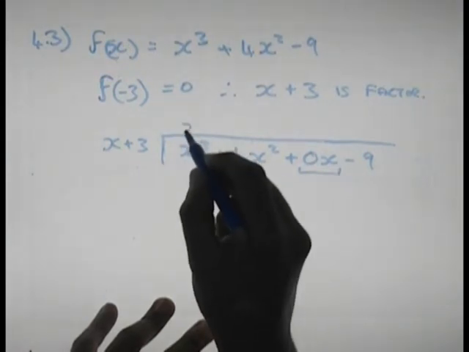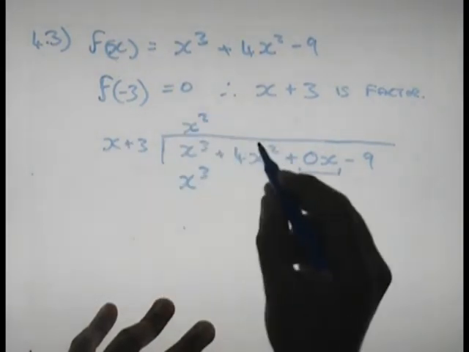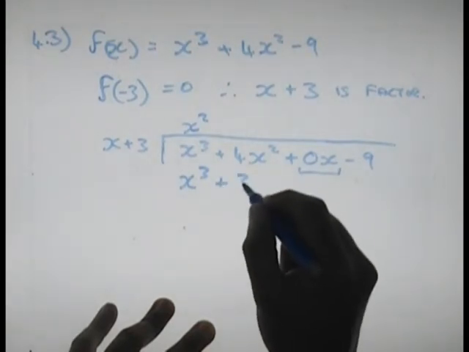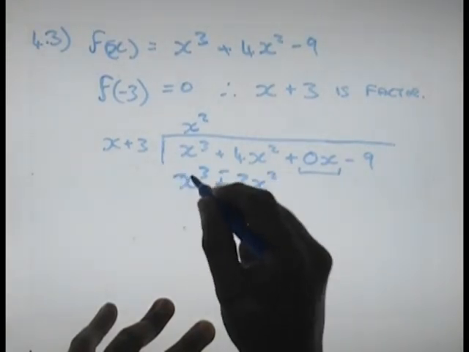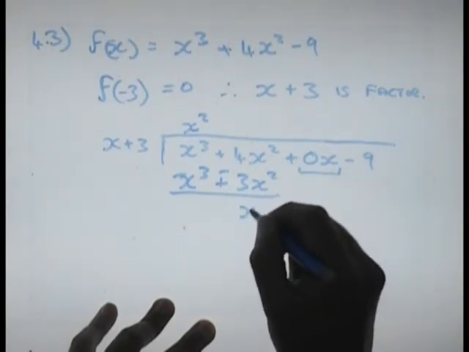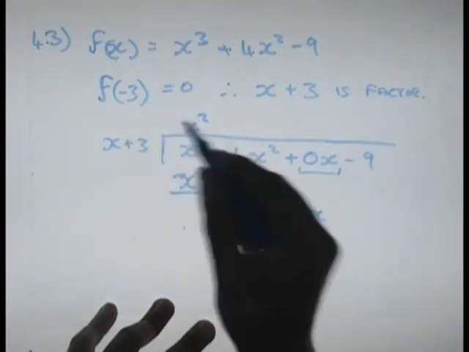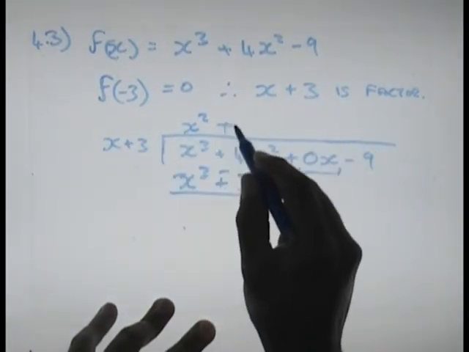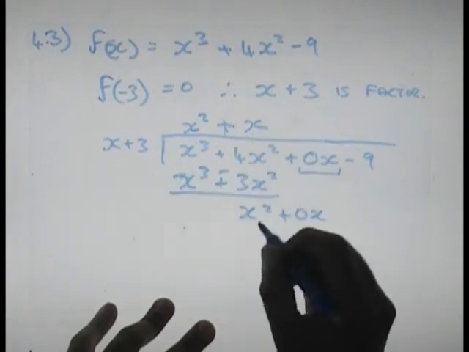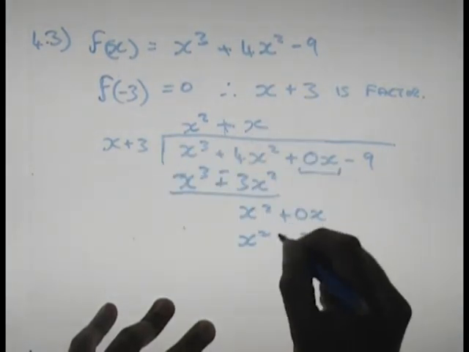x into x cubed goes x squared, times x is x cubed, x squared times positive 3 is positive 3x squared. Change the signs. 4x squared minus 3x squared is going to give me x squared. Bring down the 0x. x squared divided by x is going to give me positive x. x times x is x squared. x times positive 3 is positive 3x.